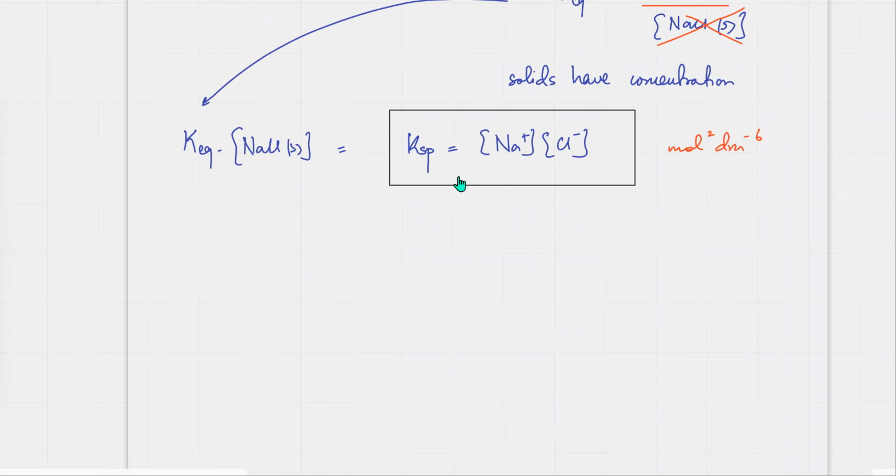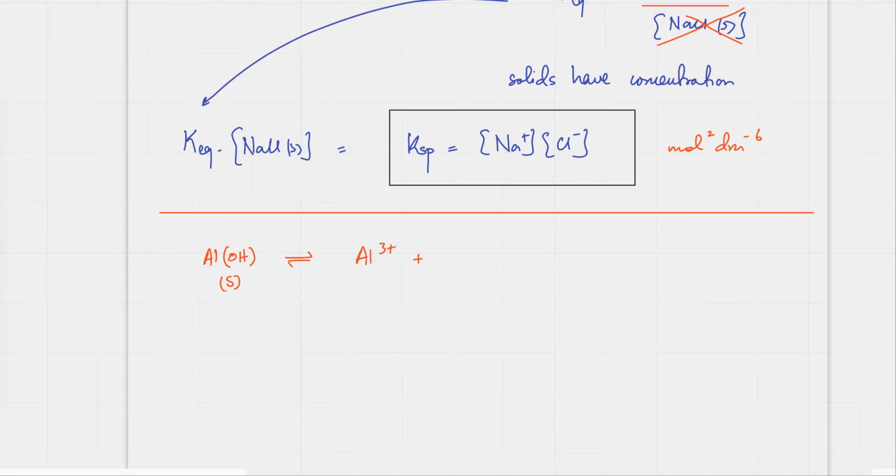So I'm going to do another example of this. Let's talk about aluminum hydroxide dissolving. You've got aluminum hydroxide, which is a solid. It's going to dissolve and produce aluminum ions and 3 OH ions, in aqueous state.